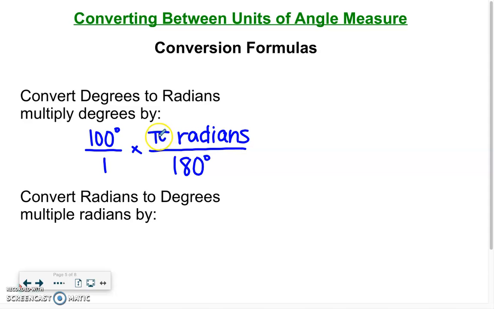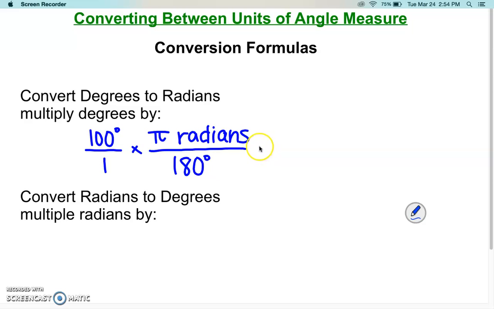And the reason why it's pi and 180 is because pi radians is exactly 180 degrees in a rotation. We learned that at the beginning of this lesson. So pi radians is 180 degrees. So this is really like multiplying by 1.